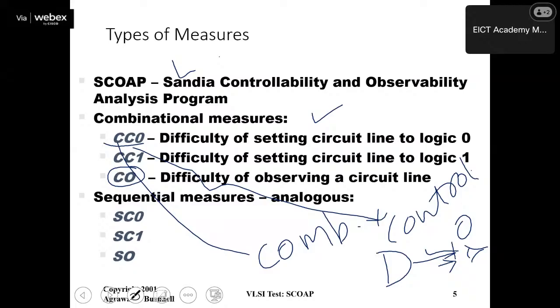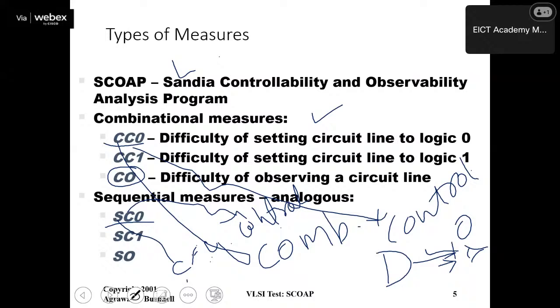Likewise, for sequential measures, analogously, we will have SC0. The first S stands for sequential, the C stands for controllability, and then 0. So sequential controllability is used for sequential circuits.